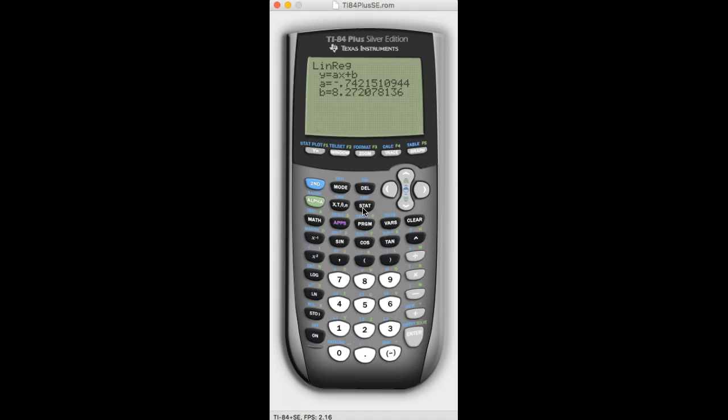Now, that goes on your worksheet as the answer. What that means is this. On your answer, you're going to write down y equals negative 0.742x plus 8.272.